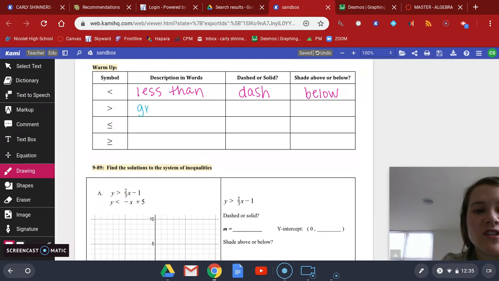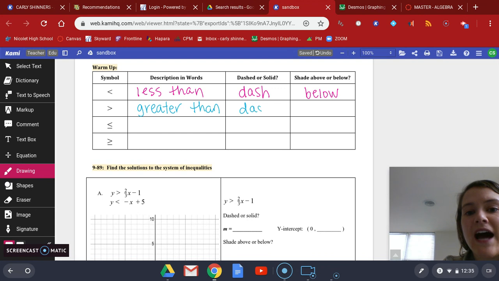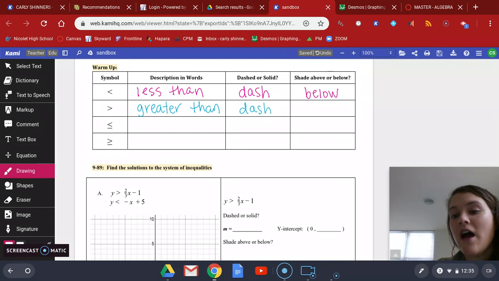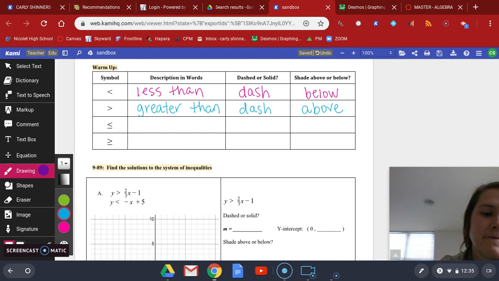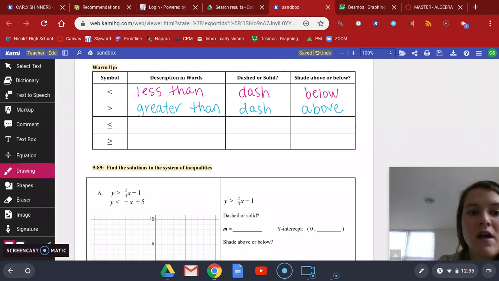Second one, this is just the flip of that. This symbol is greater than. Again, this is going to be dashed because I want things strictly greater than, not or equal to, and we would shade above. This next one is just less than or equal.